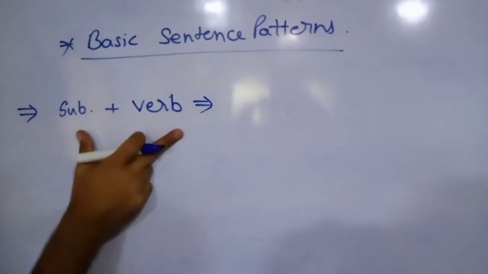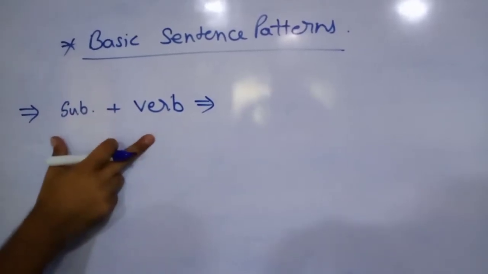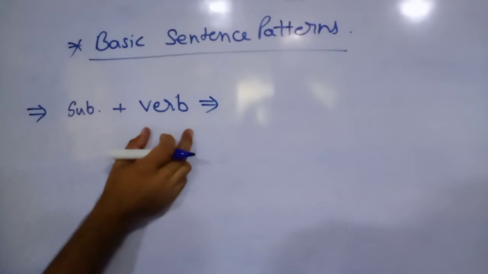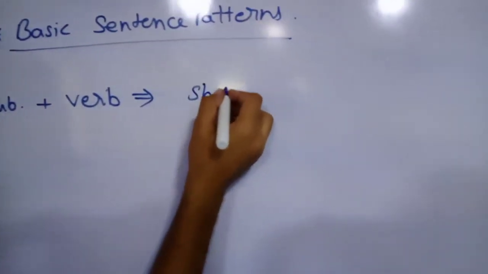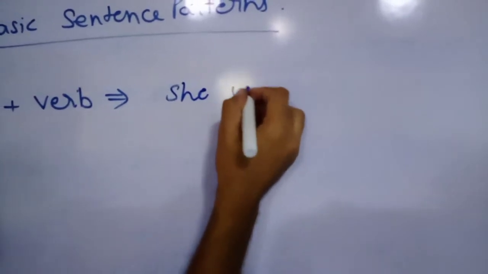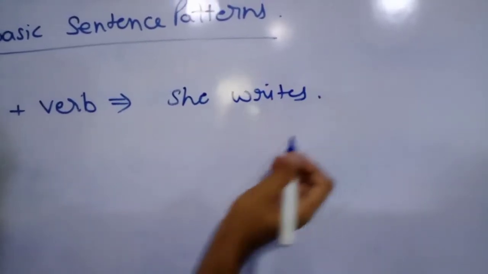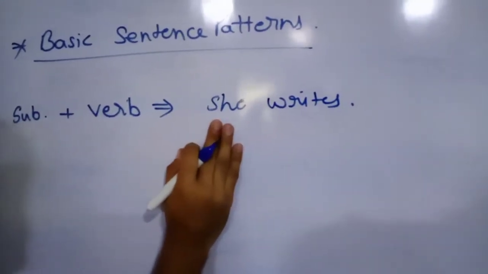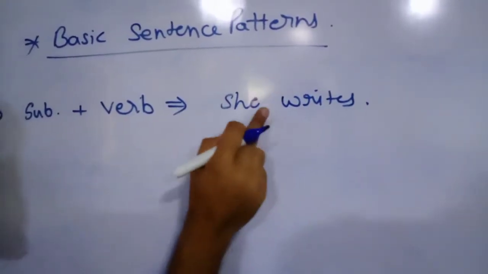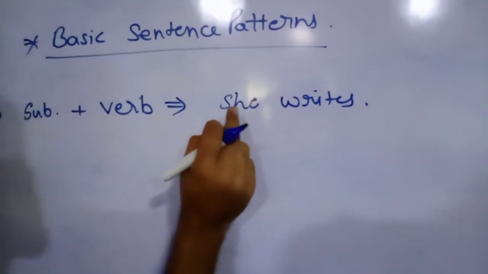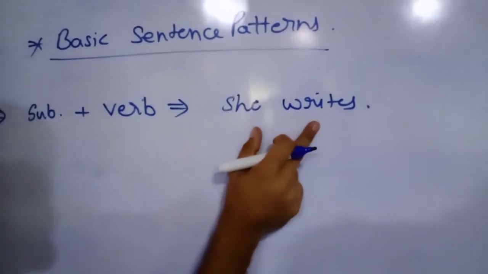Subject plus verb means in this kind of pattern we have only subject and verb. Like, she writes. So here we only have the subject and verb. Then also it is a sentence, because these two words make complete sense.